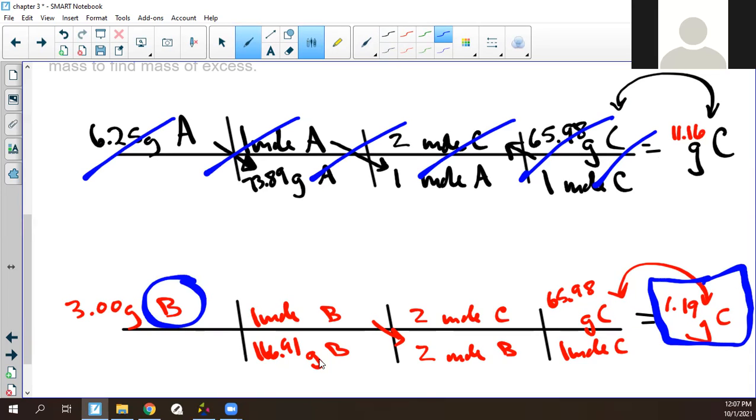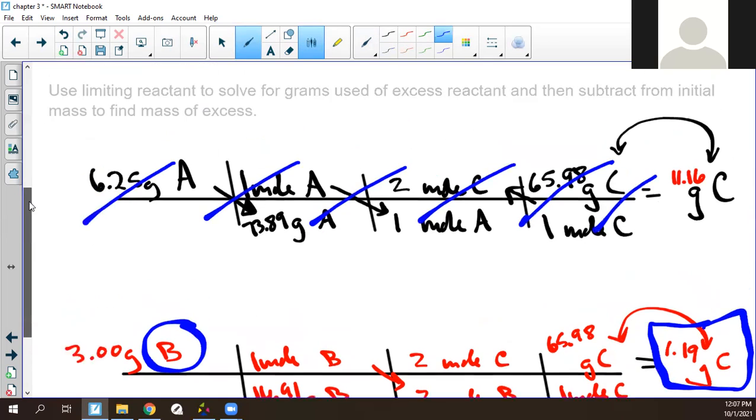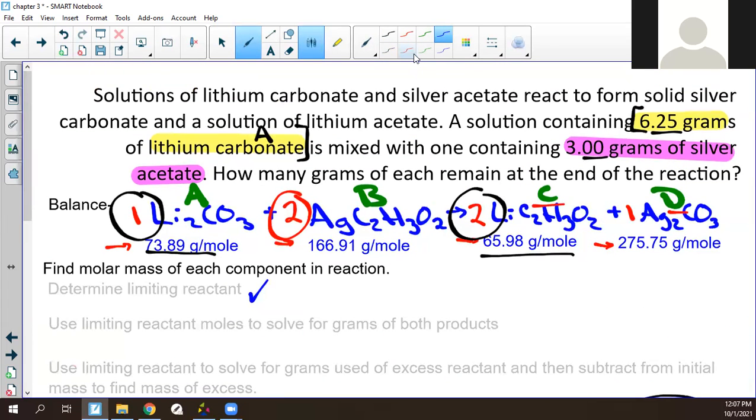Who's with me right now? Okay, a lot of time, a lot of effort, but we now know a couple things. I know that at the end, this is going to be 0 that's left over, right? The limiting reactant is completely consumed in a reaction. It's like the wood in your fireplace. You got plenty of oxygen, but once you run out of wood, it's gone and the fire doesn't go anymore.